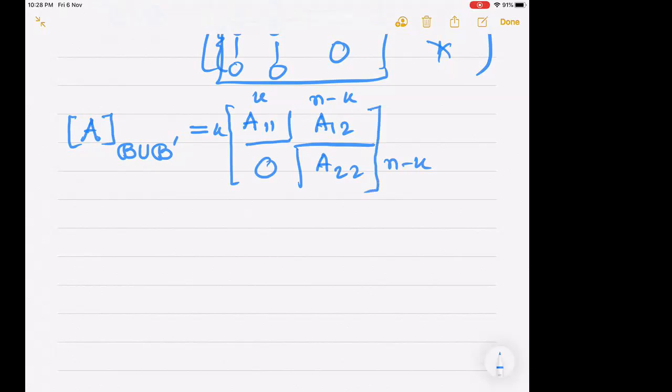This is the structure of A in this new basis.